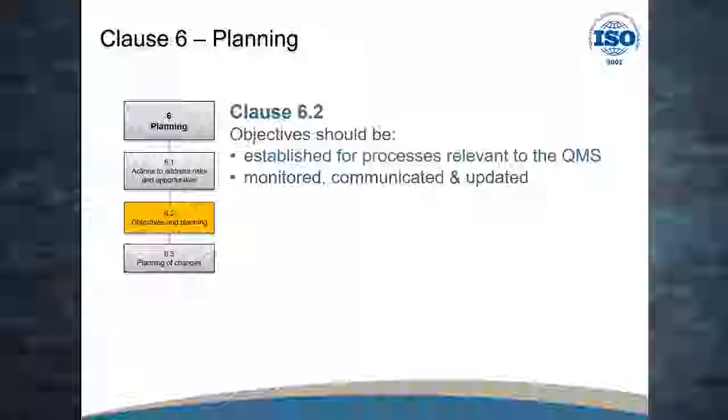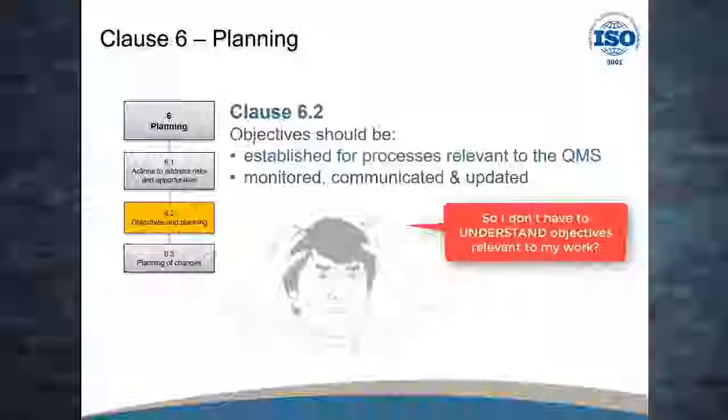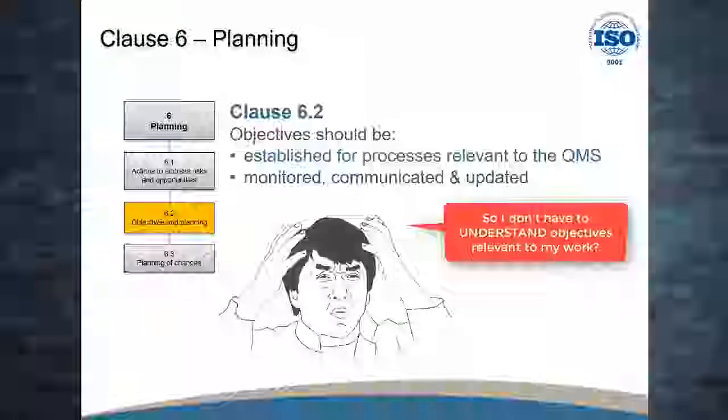And here's where I think the standard really kind of dropped the ball with respect to the use of the term understood. Understood should be added here. If you're supposed to understand your job function and your role and your responsibility, and you're supposed to understand the quality policy, it doesn't make any sense to me why you shouldn't be required to understand the objectives that are associated with the QMS processes that are relevant to your job.